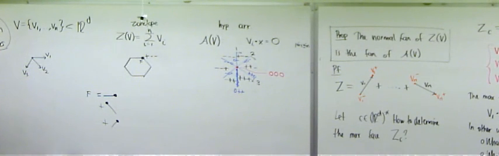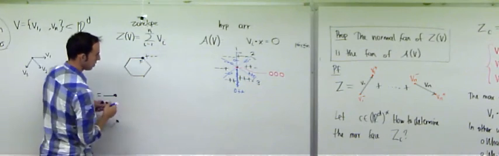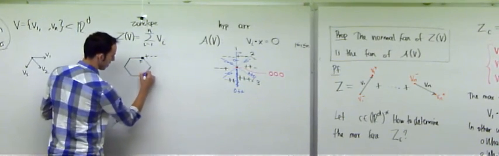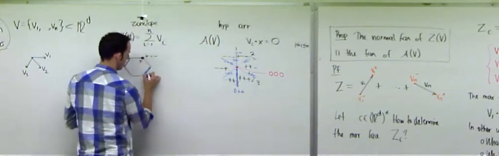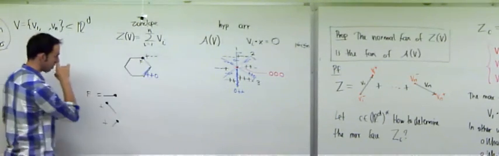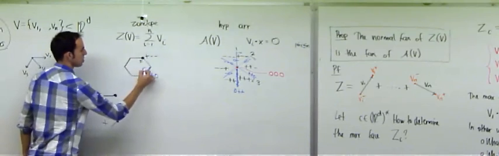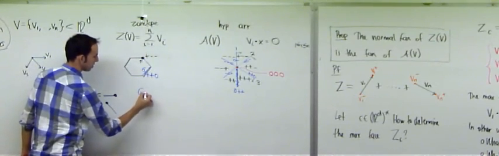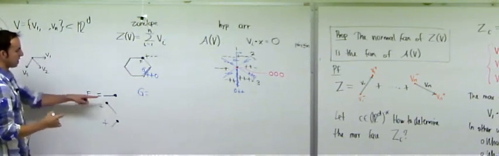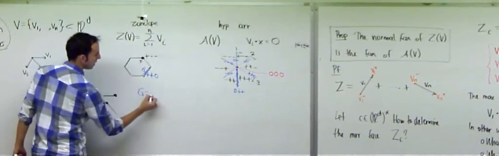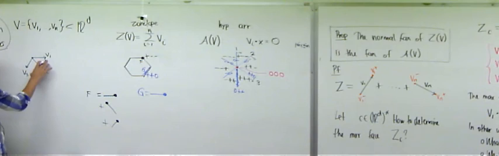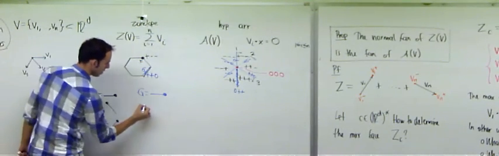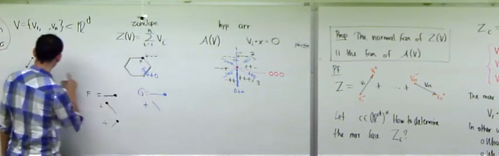Let's do it for a different one. For example, for this one. So what should we call this phase? Well, according to that picture, we should call it plus plus 0. So what am I saying in terms of the Minkowski sum? I'm saying that G is the Minkowski sum of, in V1, I take the plus, the head of V1. In V2, I take the plus.